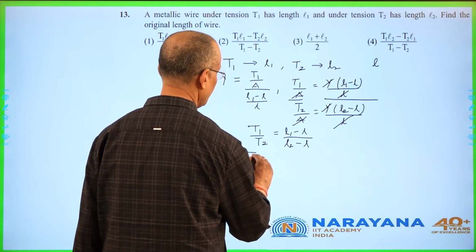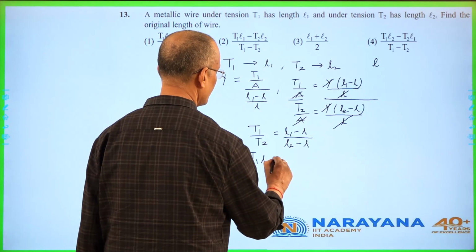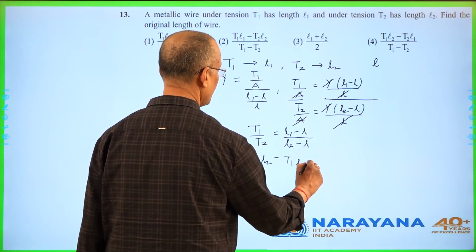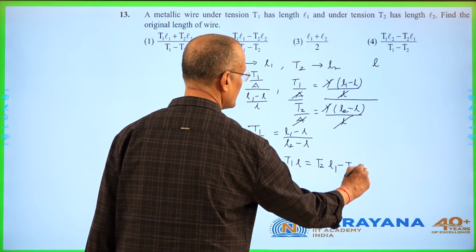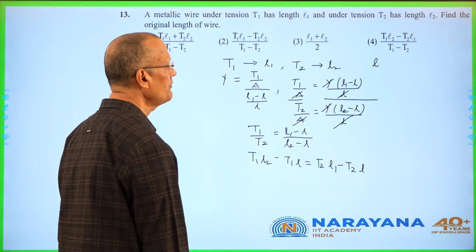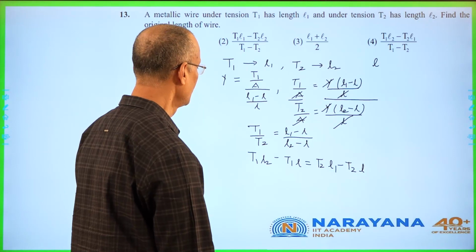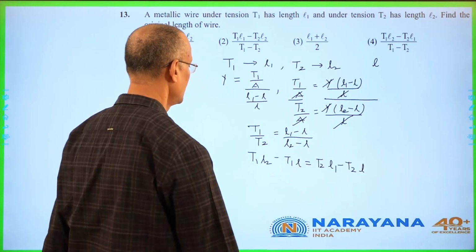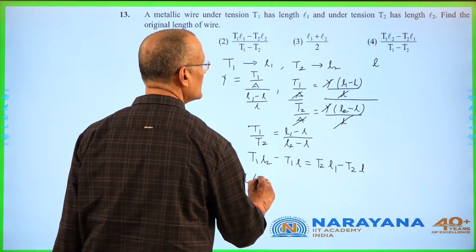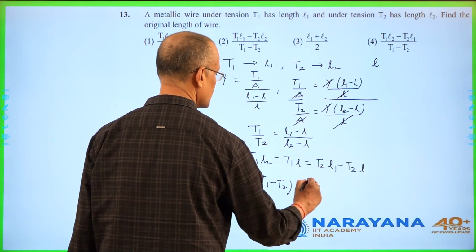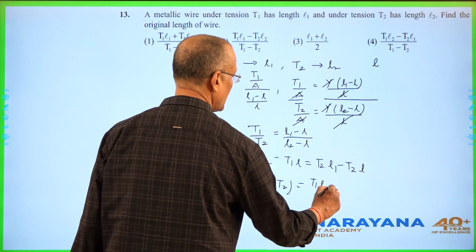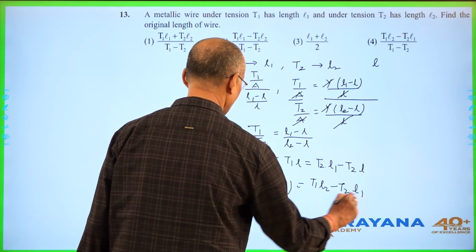You will be getting T1 L2 minus T1 L equals T2 L1 minus T2 L. If I take this one that side, L is common, T1 minus T2, and this one this side, T1 L2 minus T2 L1.